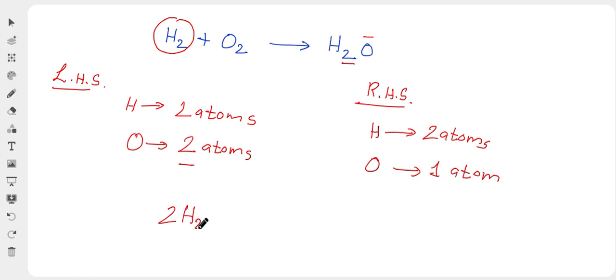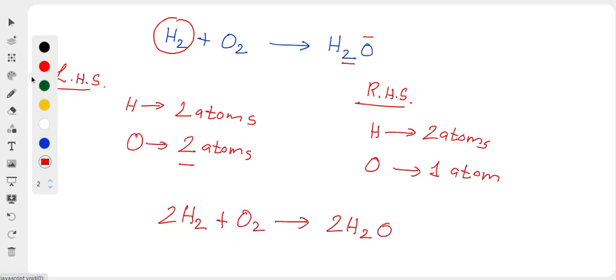So when I am taking 2 moles of hydrogen and 1 mole of oxygen, you can see here that this whole equation is now balanced. You can see very well. Let's take LHS, the left hand side of this chemical equation. What am I going to find?